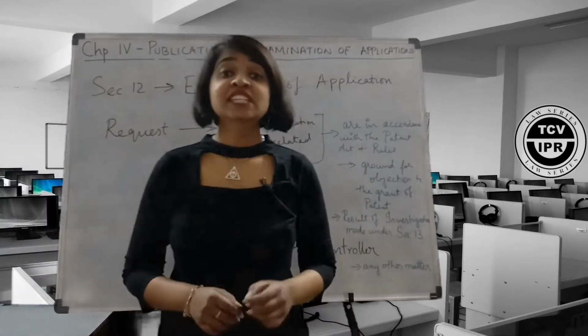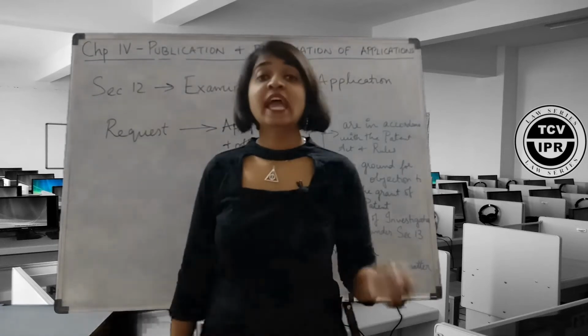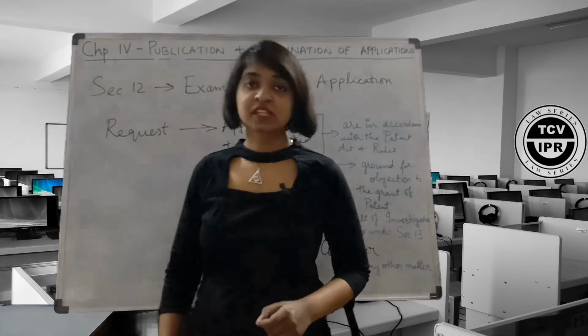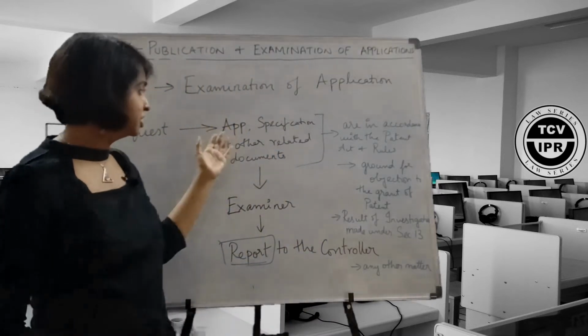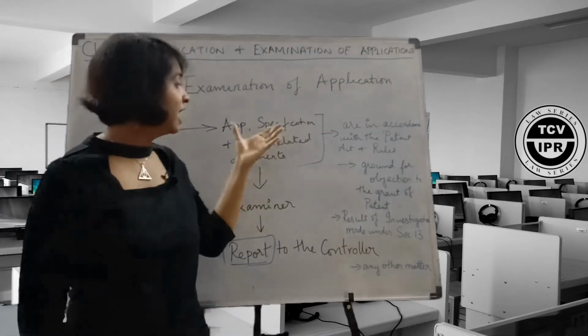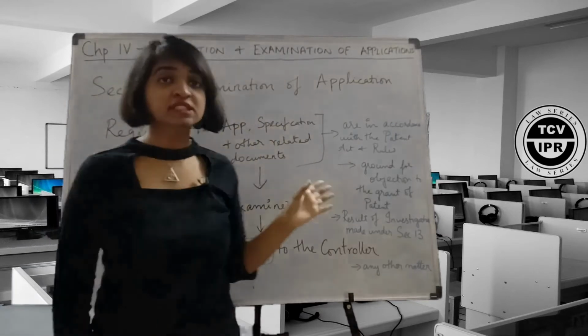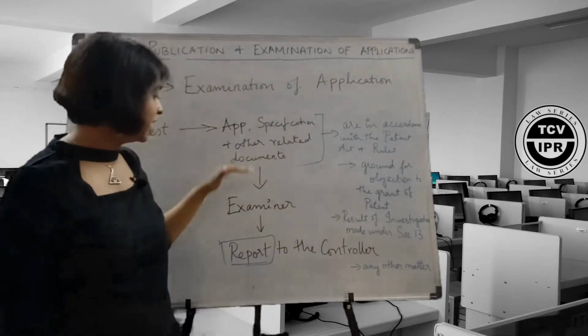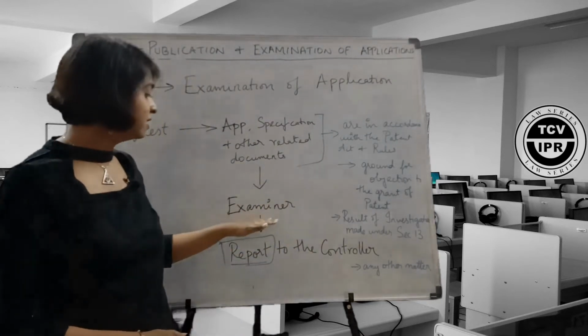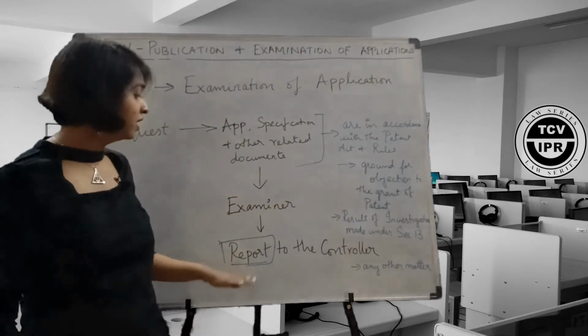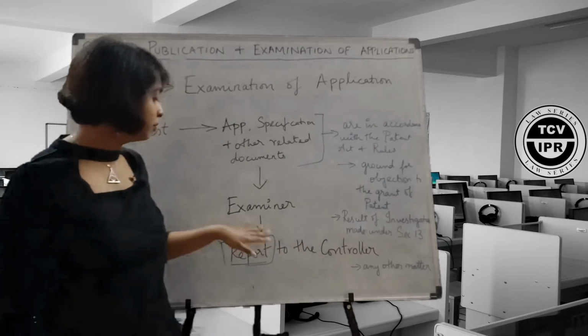Now, section 12 talks about examination of applications. So once you have made a request, your application, its specification and all other related documents will be sent to the examiner by the controller, and this examiner has to provide a report to the controller. Now what report will he provide?